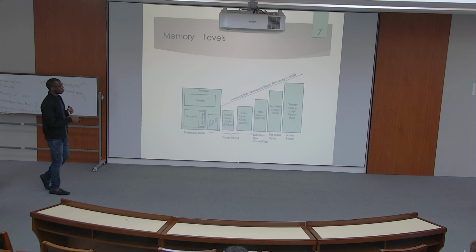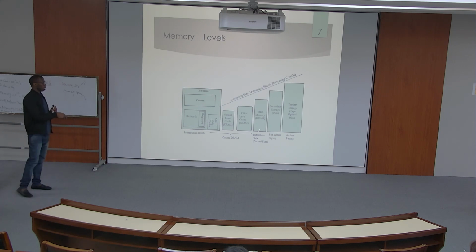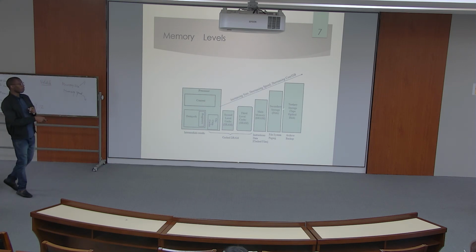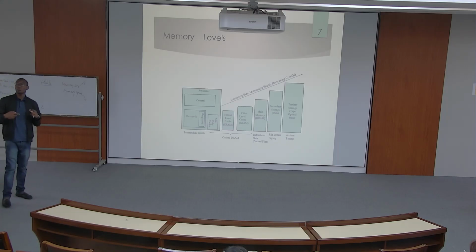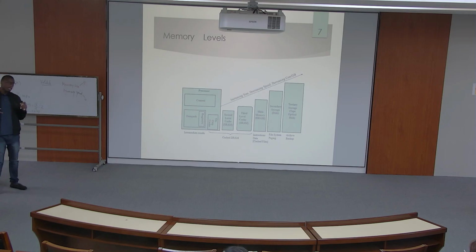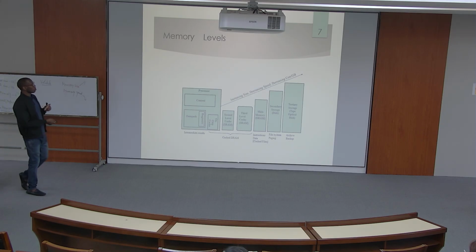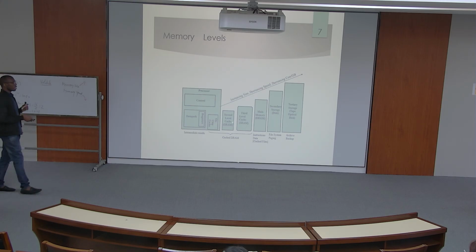Then we have the second level of memory, which is the cache memory. It is a type of static RAM, which is there to store the most frequently used data and instructions to avoid frequent access to the random access memory, to minimize the waiting time, because the main memory, the DRAM, is slower than the cache memory.